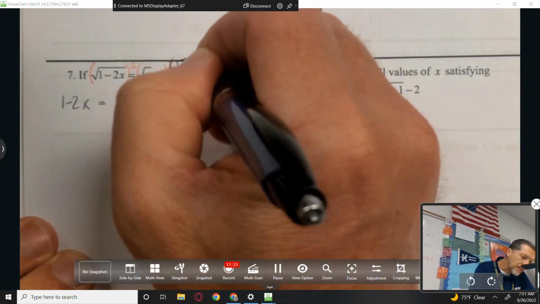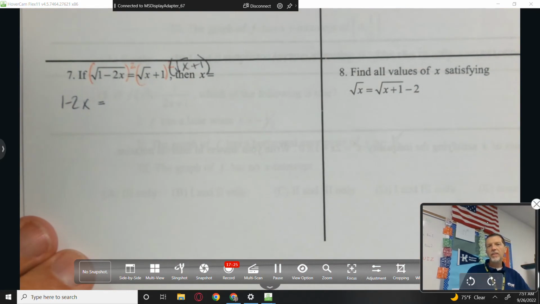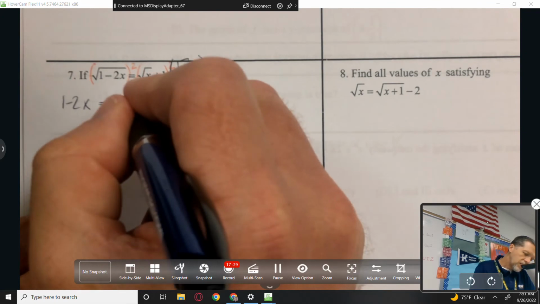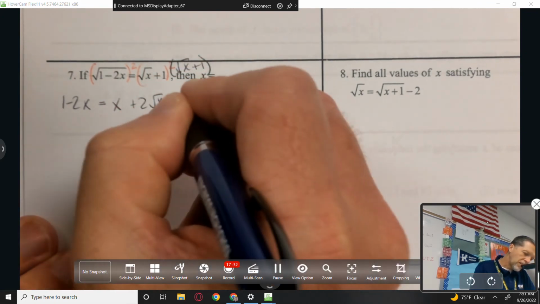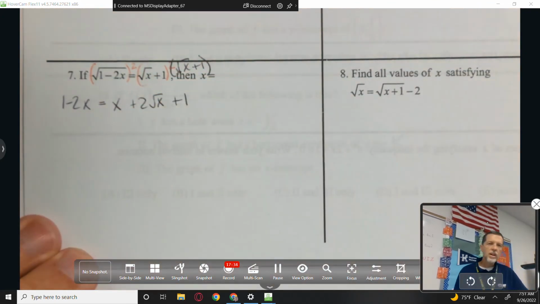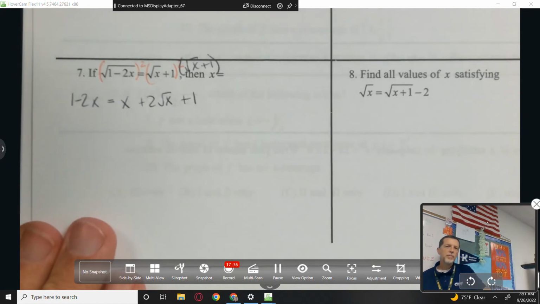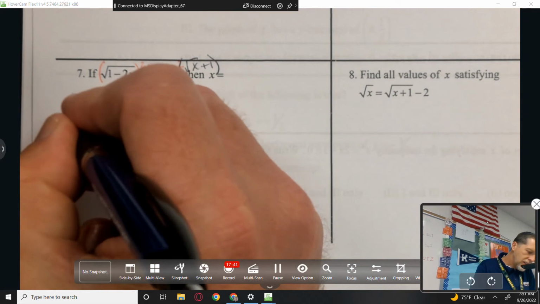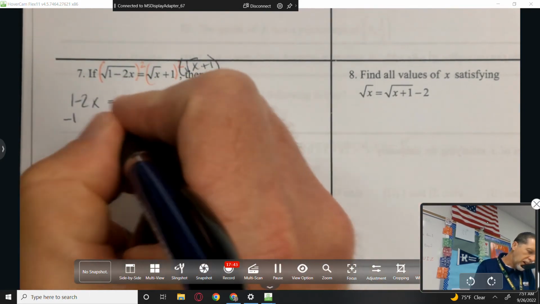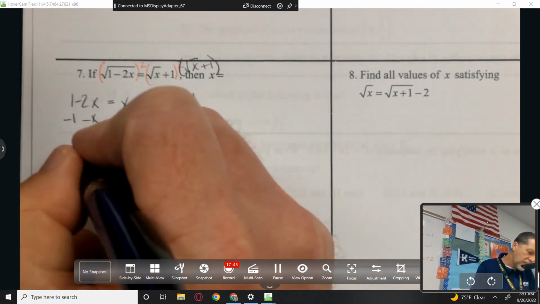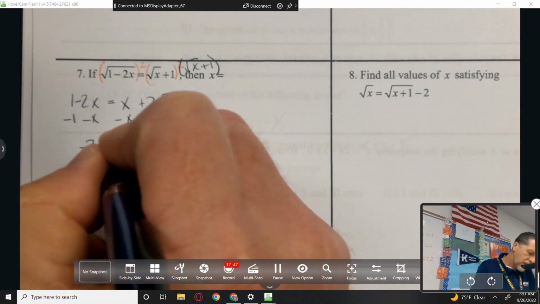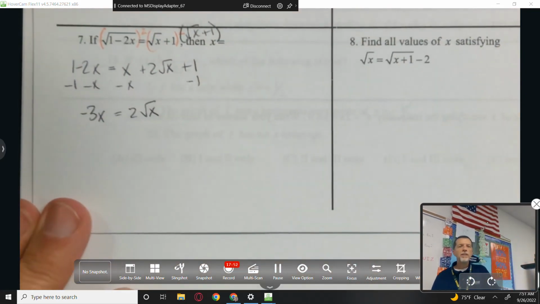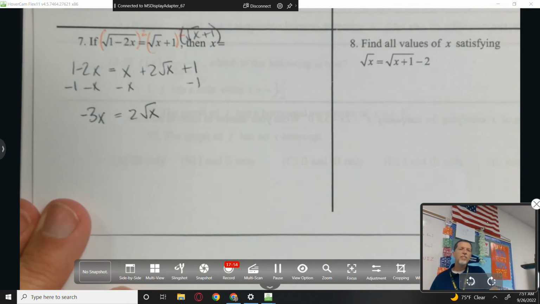I'm going to rewrite square root of x plus 1 right there so that I can FOIL it. X plus 2 square root of x plus 1. Subtract 1 from both sides, subtract x from both sides. About to get another fraction here.